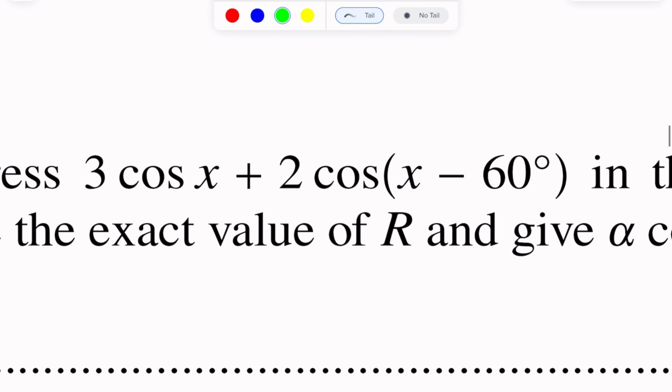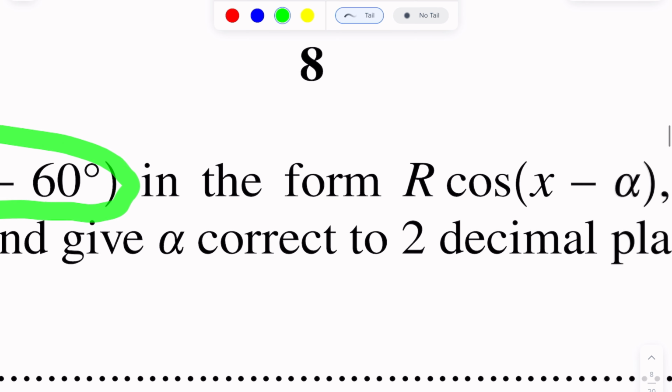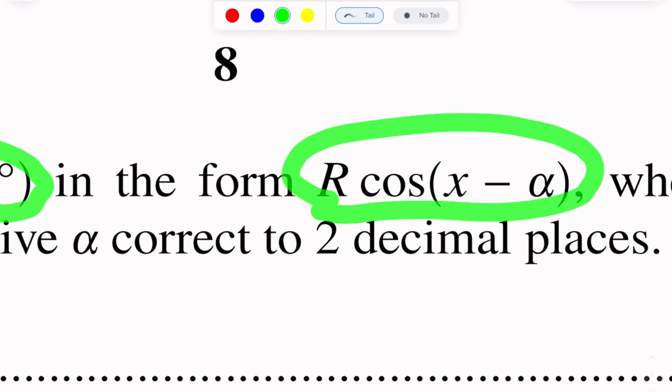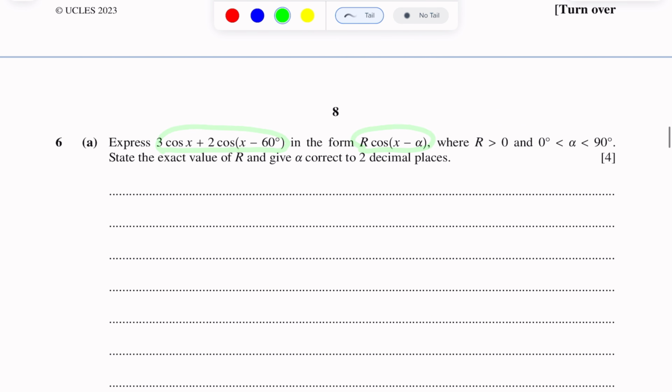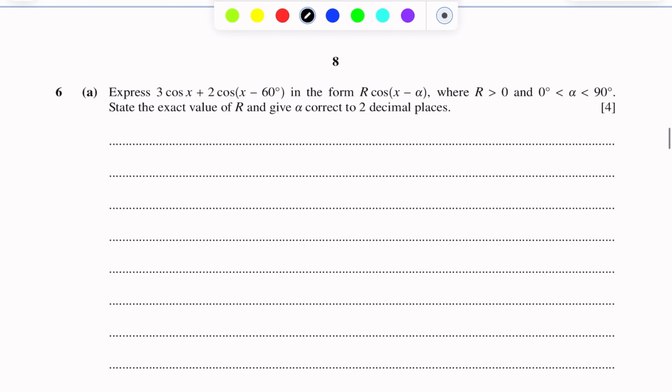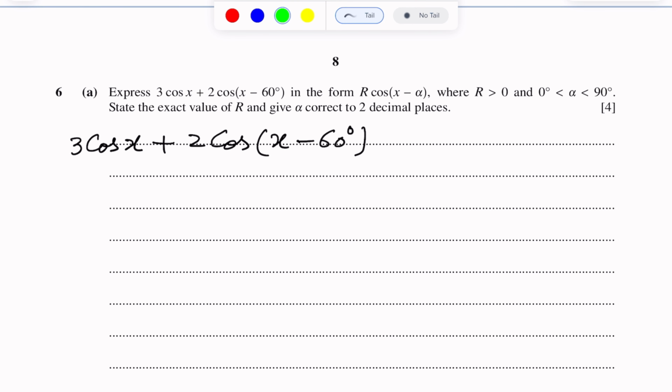Actually, we have to express this expression in this format. So first of all, we are using here the important identities of trigonometry. 3 cos x plus 2 cos(x minus 60 degrees). We are using here the identity for cos(x minus 60).